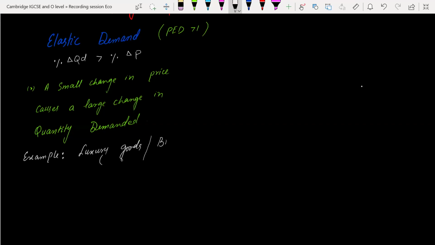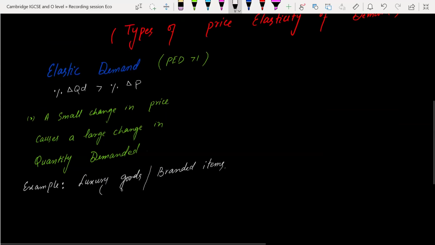On the other hand, the next type is inelastic demand.